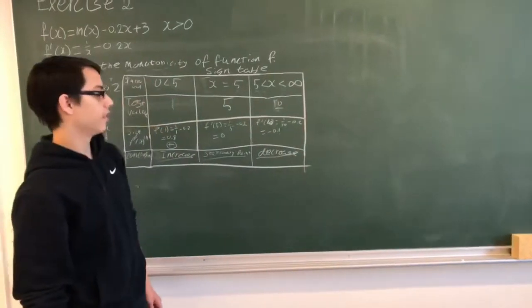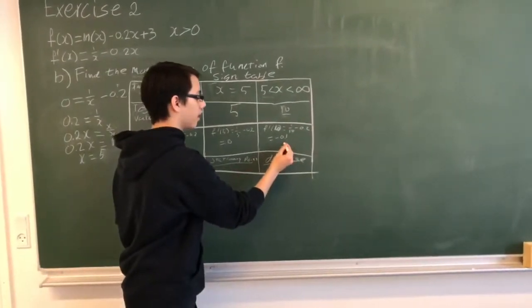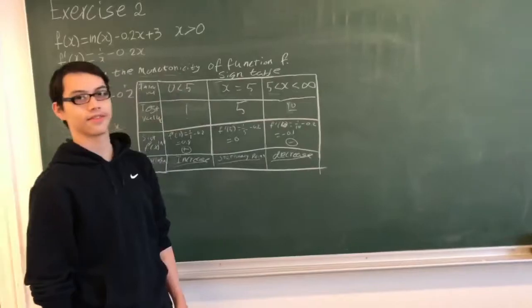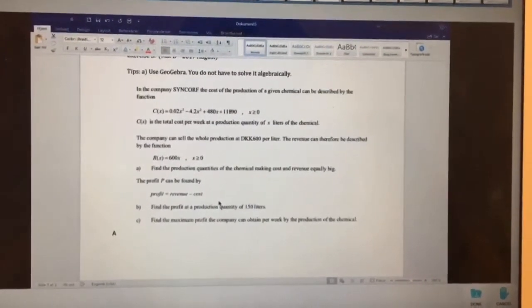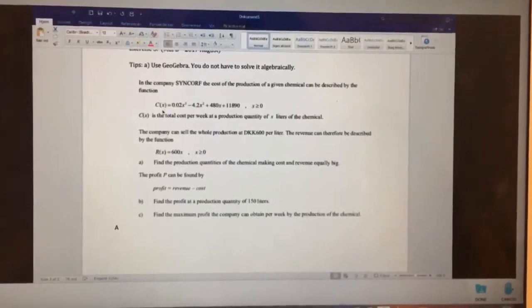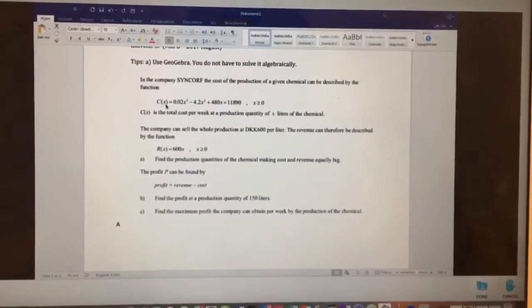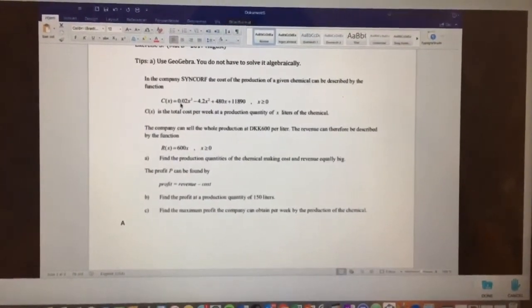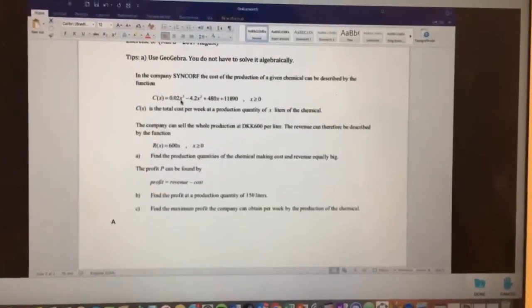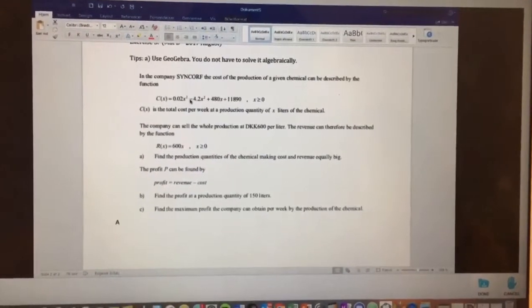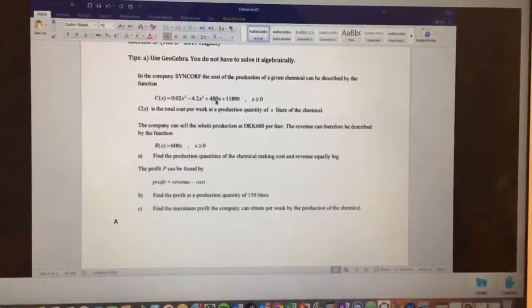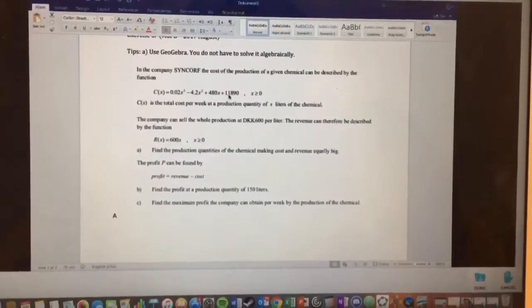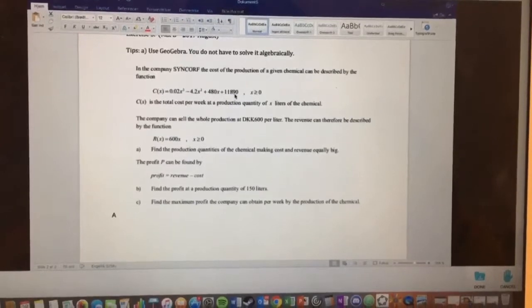I would like to show you a little about the company Syncraft. The company here has, you can see here, a cost formula. This says 0.02 x to the power of 3 minus 4.2 x to the power of 2 plus 480x plus 11,890.